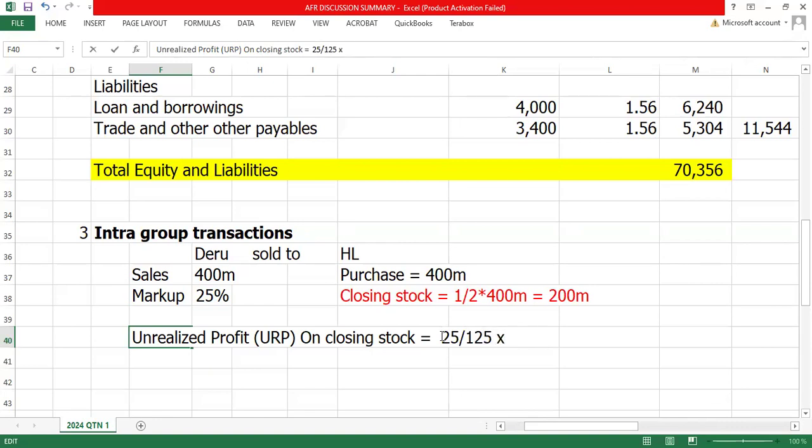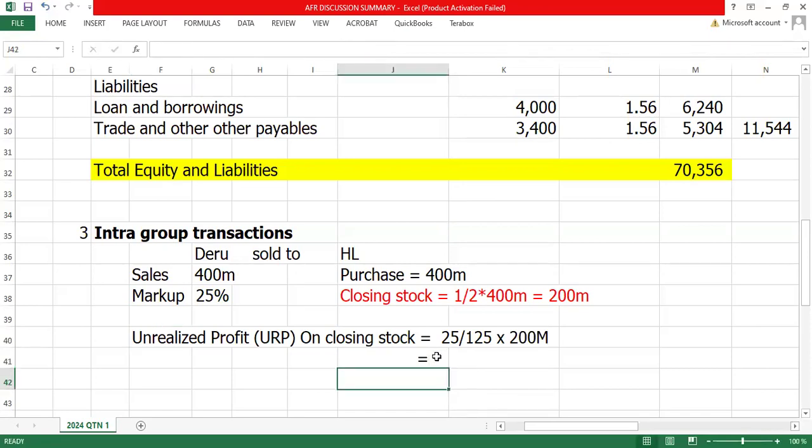But if you're dealing with markup, you increase the denominator by that very figure. So how much do you get? You get 40 million.